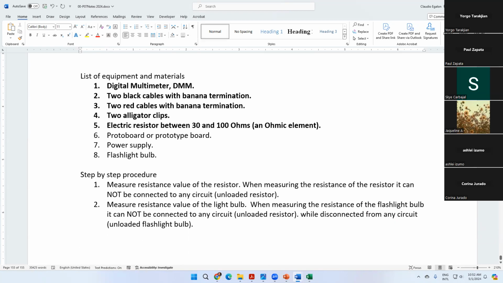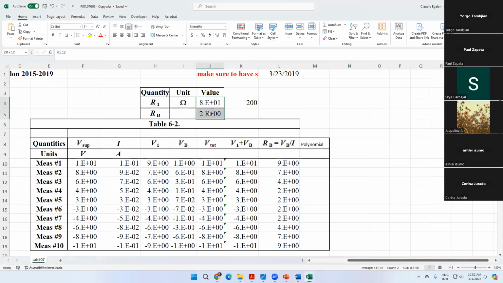And then what you have to do next, after measuring those two resistances, is put your circuit together.